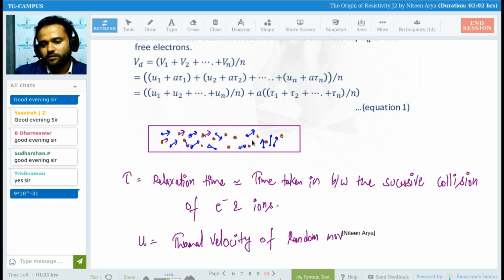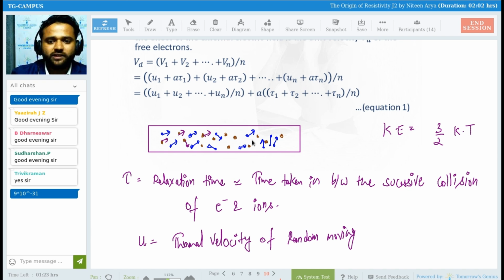In the previous class, in KTG, there is kinetic energy due to thermal motion. KE equals 3 by 2 kT, if I am not wrong. k is the Boltzmann constant, and this is the kinetic energy due to temperature. So this is why it is written this way: thermal velocity of randomly moving electrons.